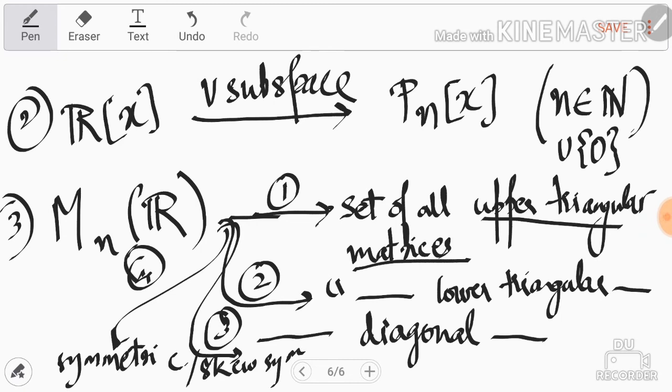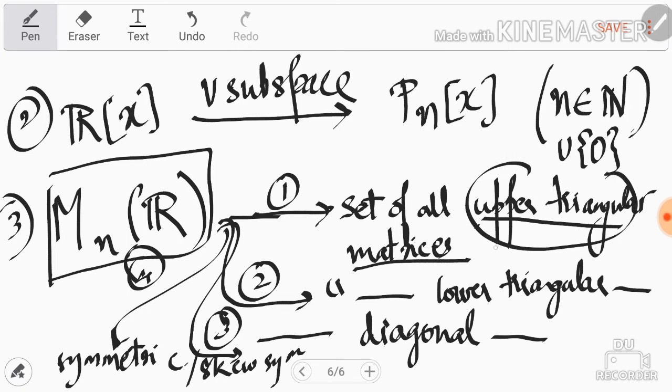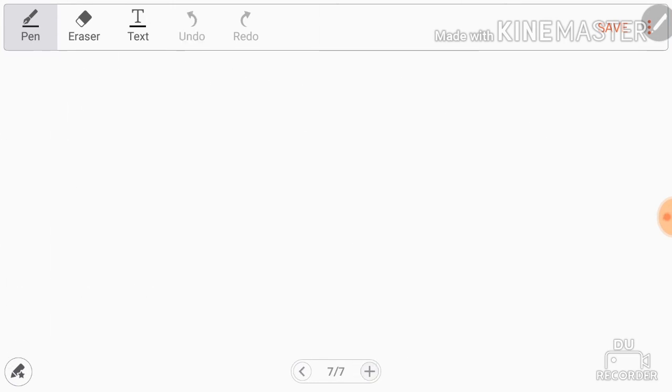It is very easy to check that these sets form vector subspaces of this vector space M_n(R), because when you add any two upper triangular matrices, you will again get an upper triangular matrix. You scalar multiply any upper triangular matrix with any scalar taken from the set of real numbers, you will again land up having an upper triangular matrix. The same thing happens for lower triangular, diagonal matrices, symmetric matrices, and skew symmetric matrices.